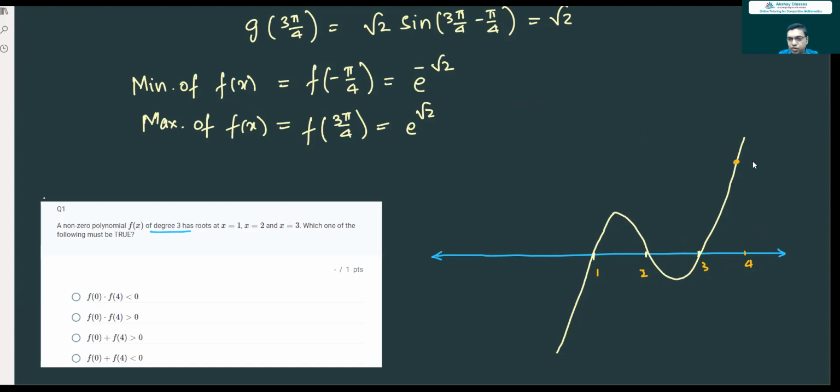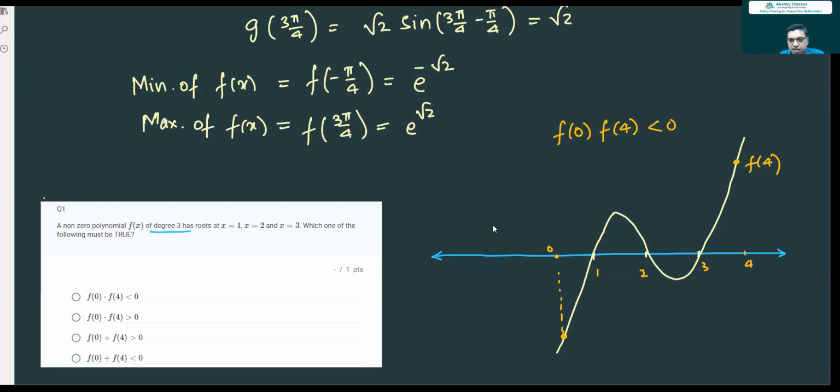So this is the value of f of 4, it is positive, and f of 0 will be negative. This will be the curve. See, I said just by seeing the curves you can tell. So f of 0 and f of 4 will be of opposite signs.